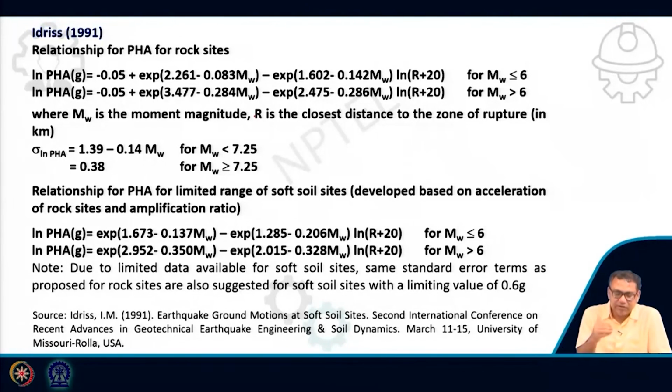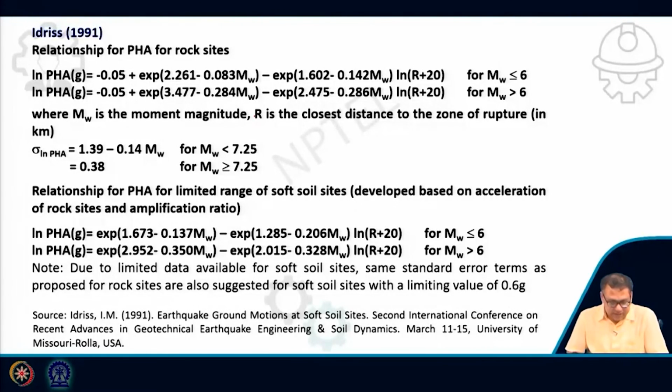The first expressions are for rock site, and the lower expression is for soft soil site, developed based on acceleration of rock site and amplification ratio. Again two expressions are there, but here no standard deviation value is proposed.